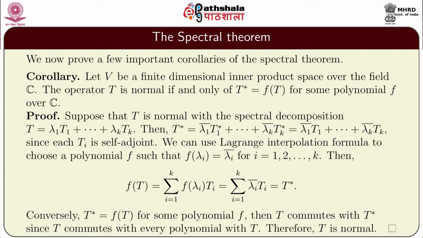Conversely, if we are given that T star is equal to f of T for some polynomial f over C, then T commutes with T star, since T commutes with every polynomial in T, and therefore T is normal.